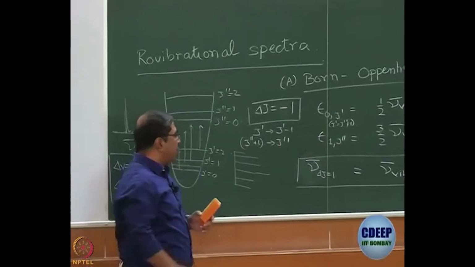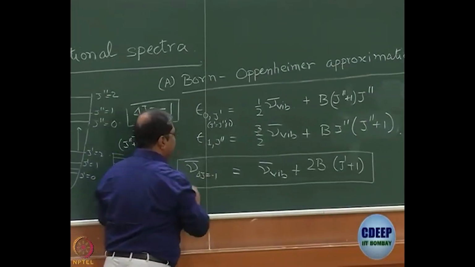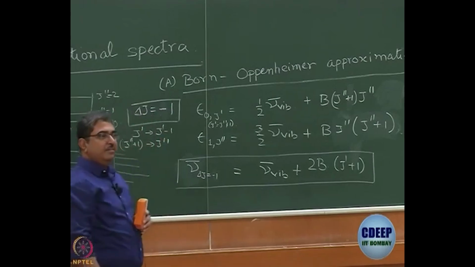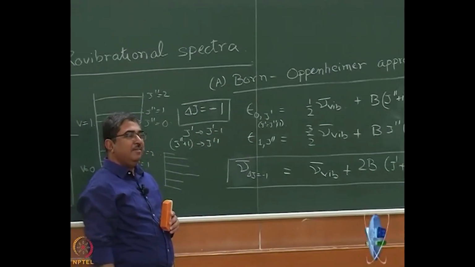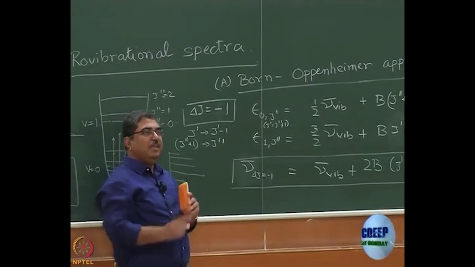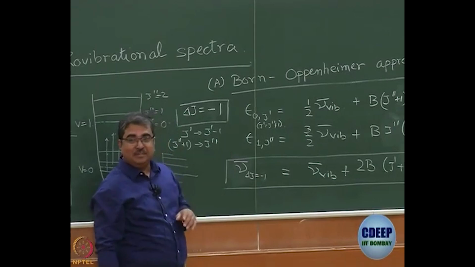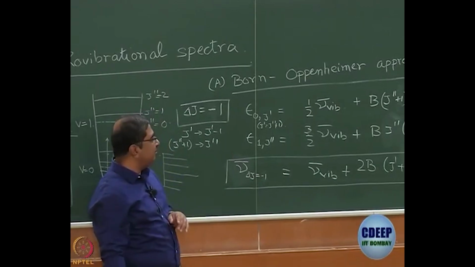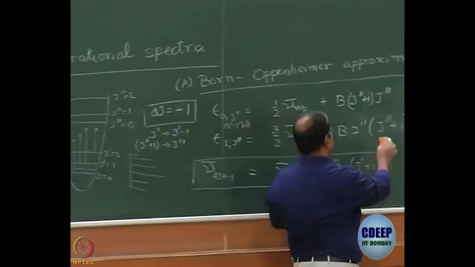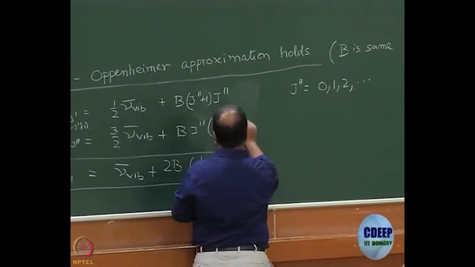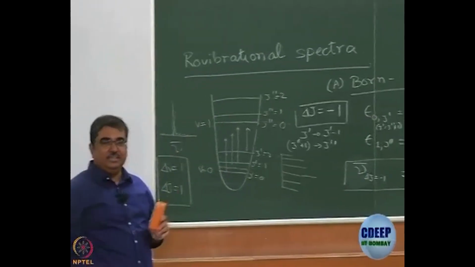Okay. What then is nu bar for delta J equal to minus 1? I think I have been able to confuse some of you at least. Yes? Which should be plus 2? You are right. You are right. J double dash plus 2.